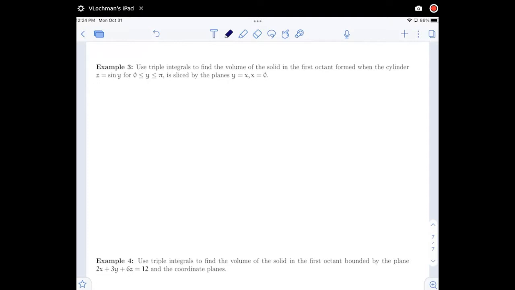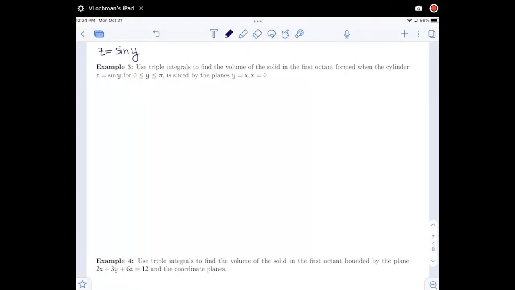What do we have? We have z is equal to sine of y. Now remember, this is a surface. This is a surface that's not just a curve. We're now in 3 space. So you might be asking, well, this x is not there, right?